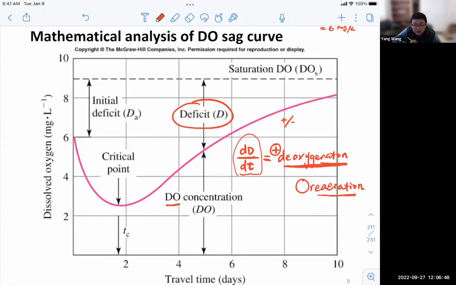Okay, and then about the reaeration, if you have a faster reaeration, do you have a higher deficit or lower deficit?